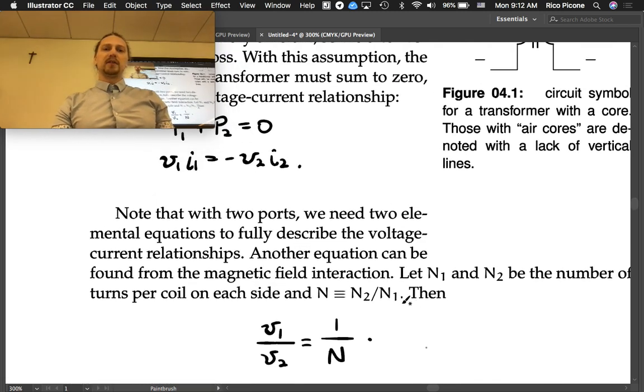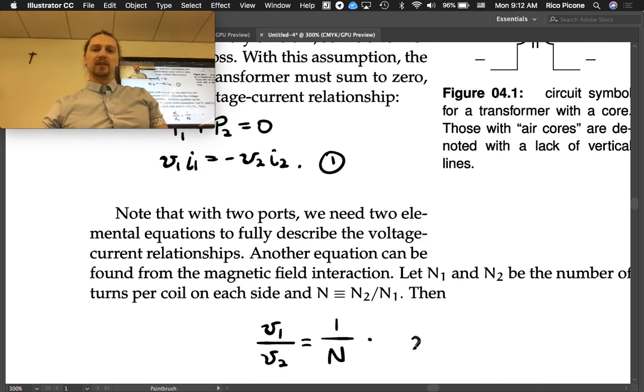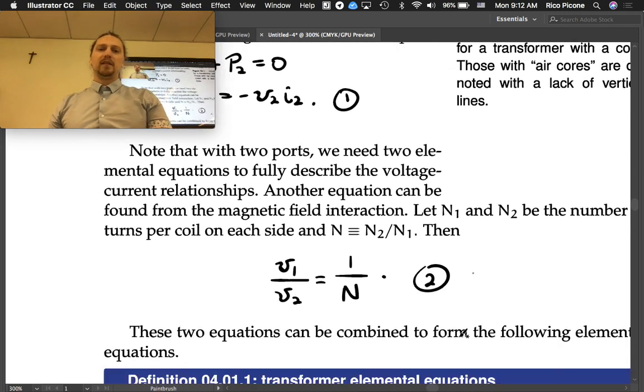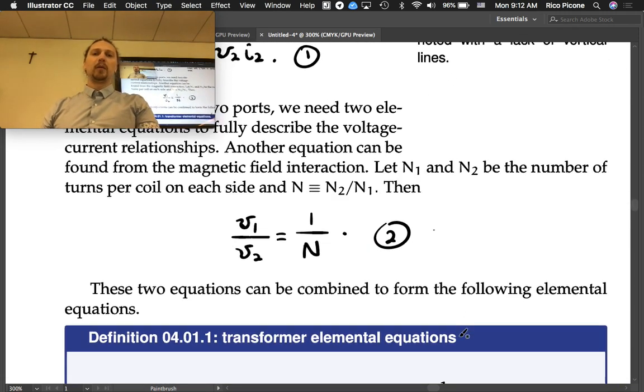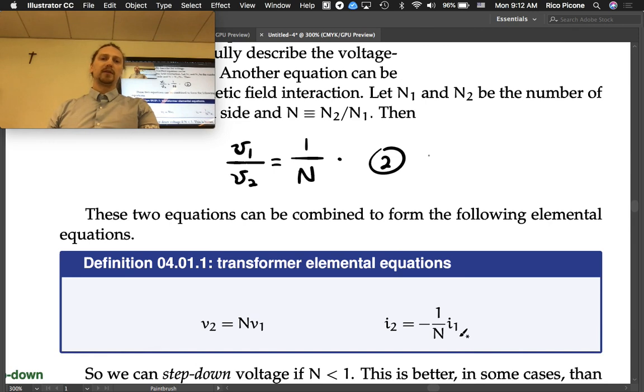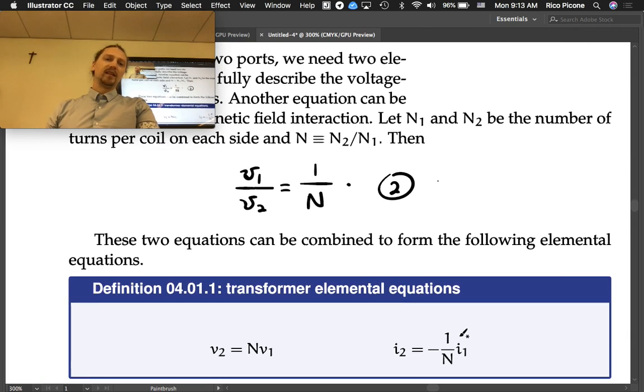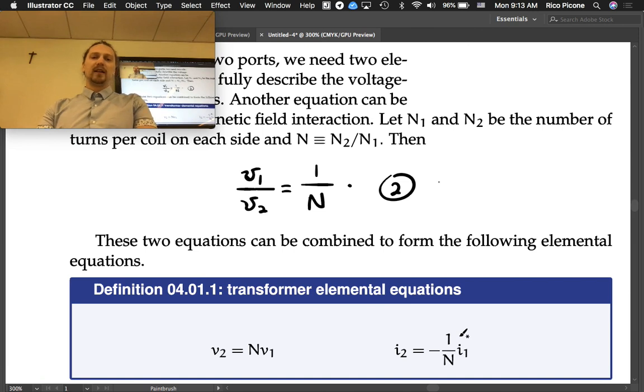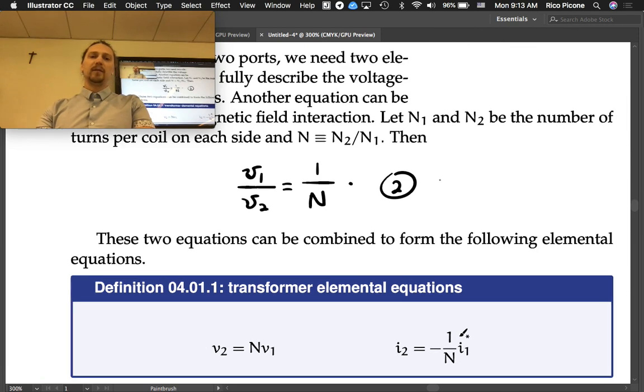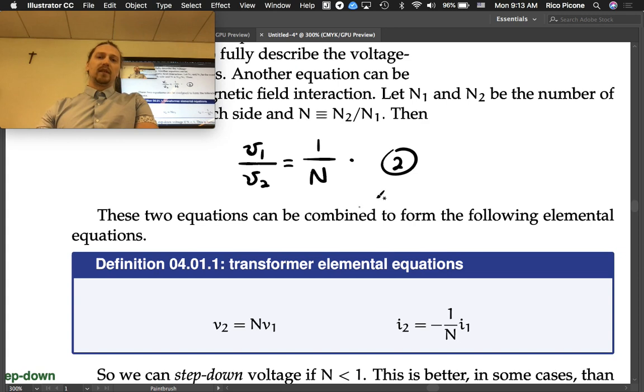These two equations, 1 and 2, can be combined to form the following elemental equations. So if you take those two and do a little bit of manipulation to them, this second one very clearly gives you this first equation here.